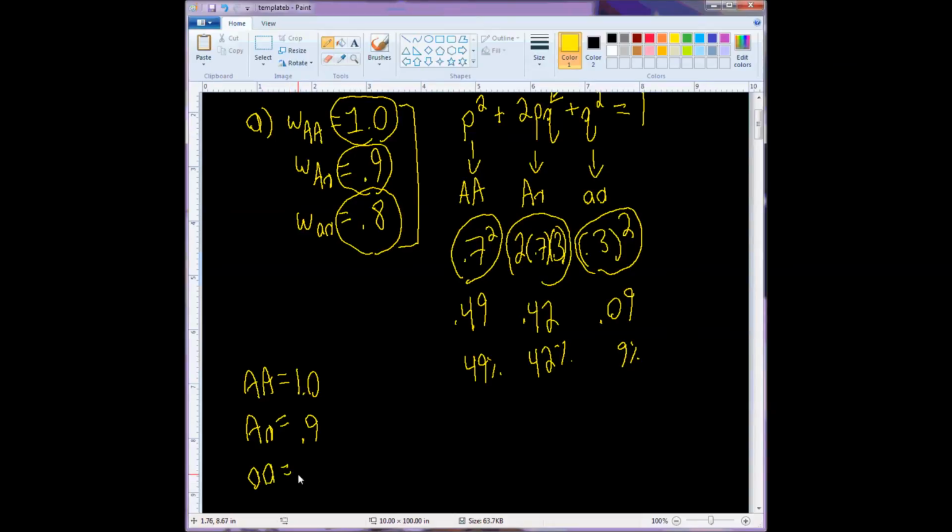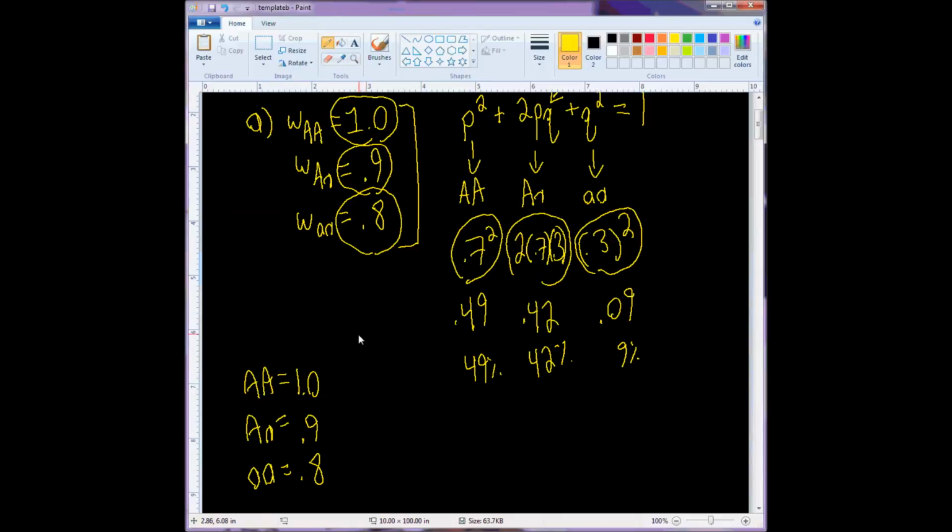For the homozygous recessive, only 0.8 will actually contribute gametes, or alleles, to the next generation. You can say it however you want. These are the ratios of these genotypes that are actually contributing to the gene pool of the next generation.